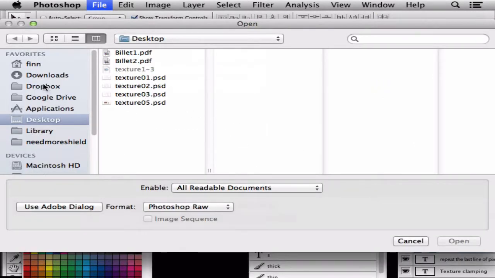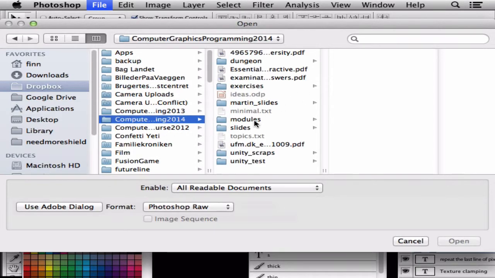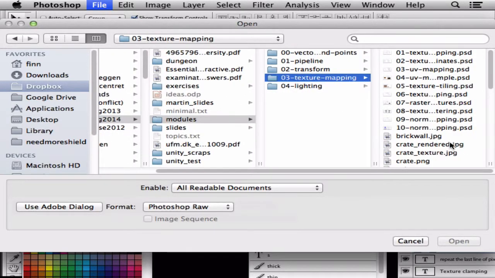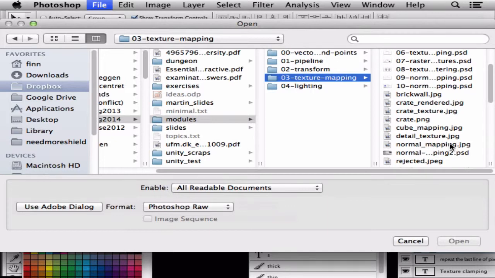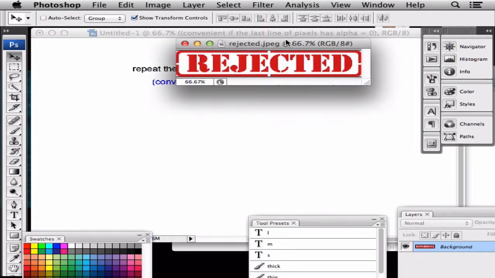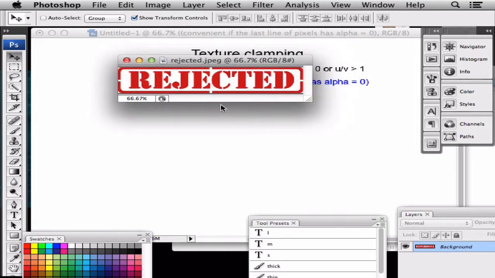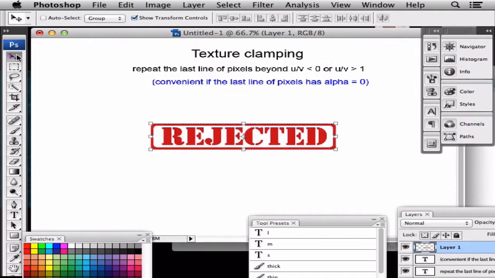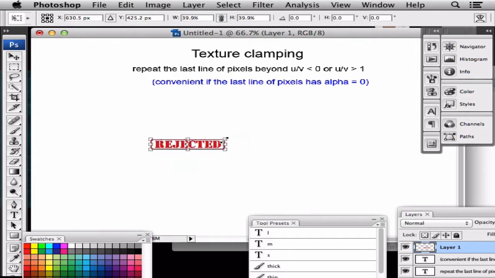Oh, I had an example for that. Was that this one? It's like a stamp. Kind of like this. It's good to put on things.